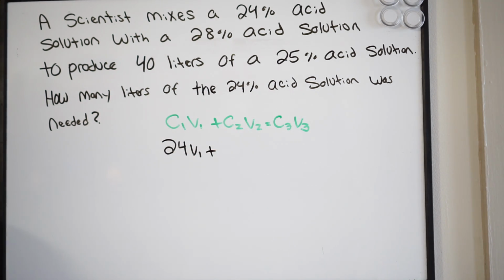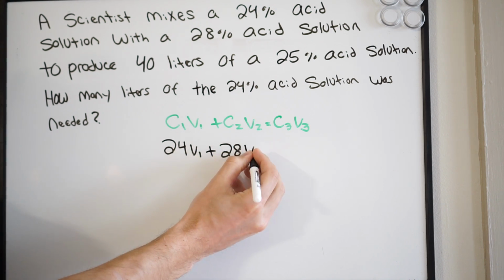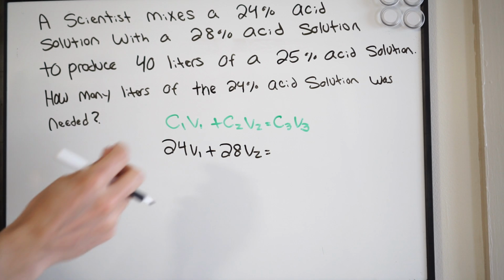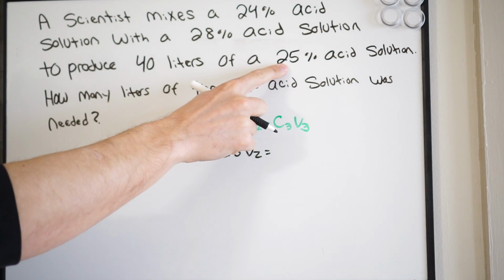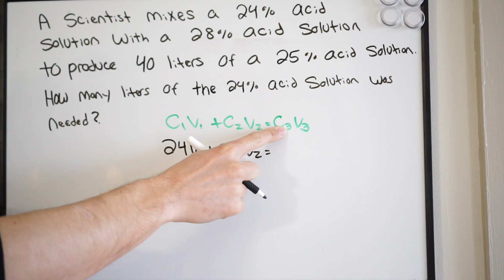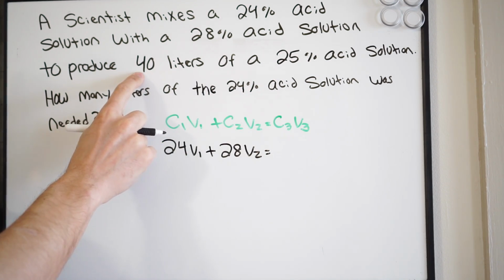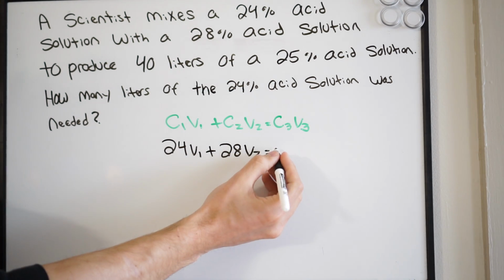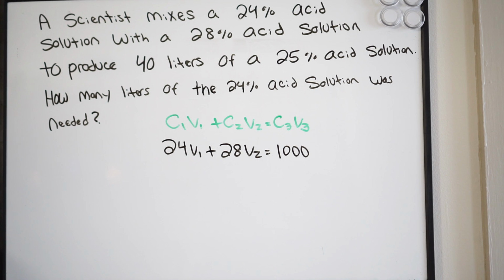So we'll leave it as V2. So 28 V2. And now moving on, the concentration of 3, or our final concentration, will be 25. So we're going to plug a 25 into here. And our volume, which we do know, is going to be 40. So we can actually do this out. 40 times 25, well, that's going to be 1,000. You can see here that we now have an equation.